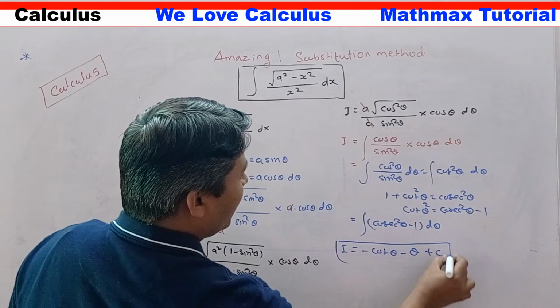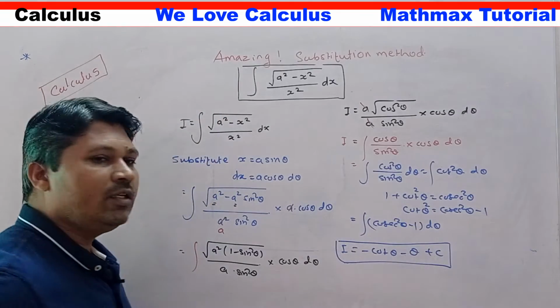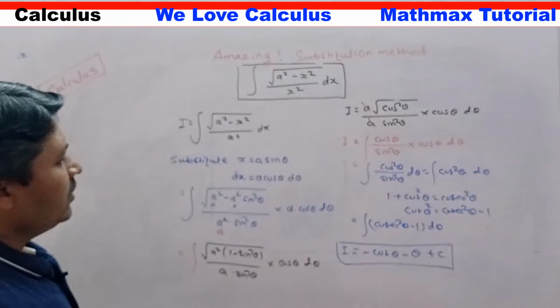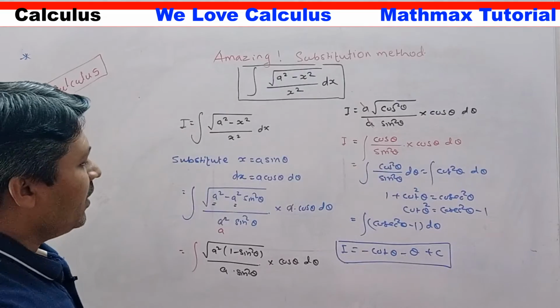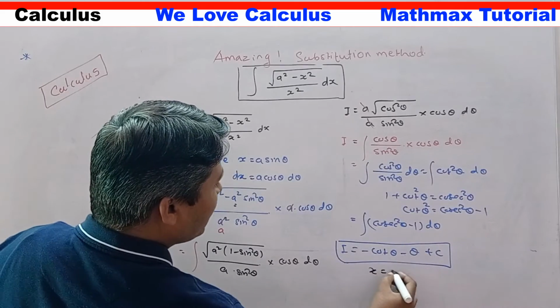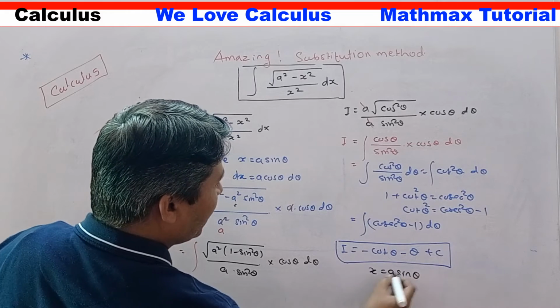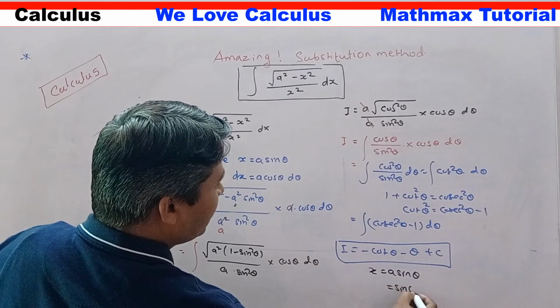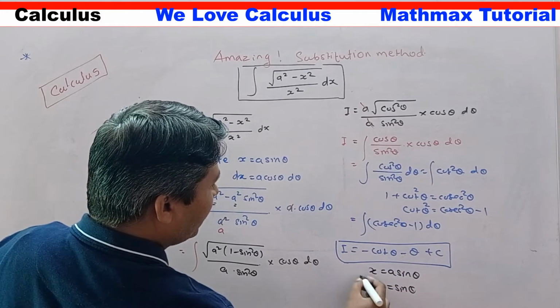Now we can put it back in terms of x. We know that x is equal to a sin theta, therefore we can write sin theta is equal to x upon a.